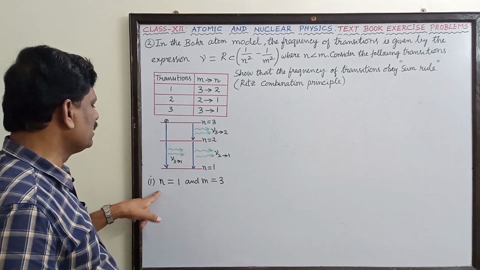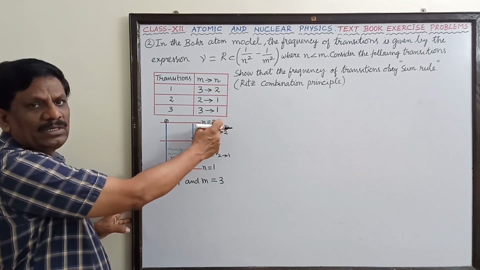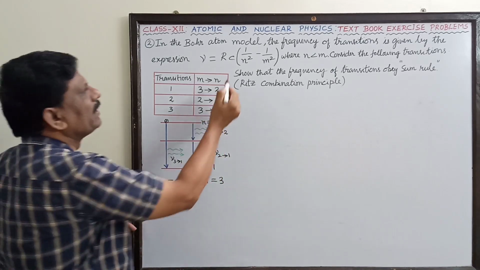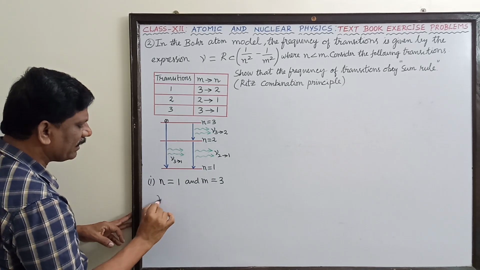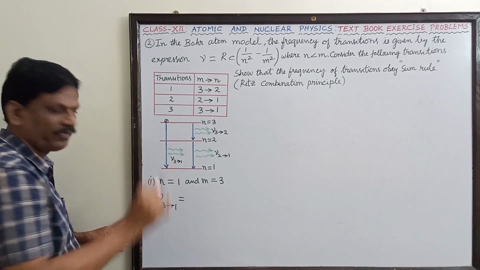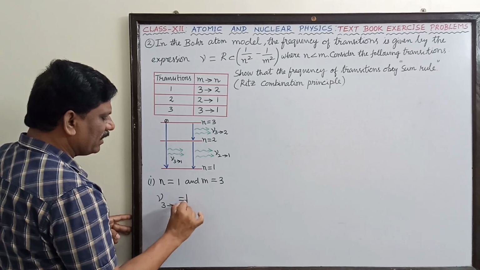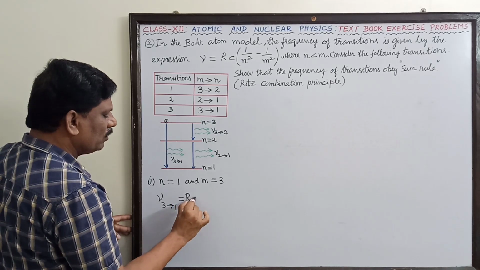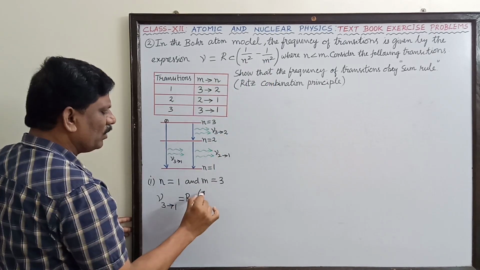So first let us start with case 1, where n is equal to 1 and m is equal to 3. As per the given formula, the frequency of transition for this corresponding transition, 3 to 1, is the constants, Rydberg constant R into c, into 1 by n square minus 1 by m square.